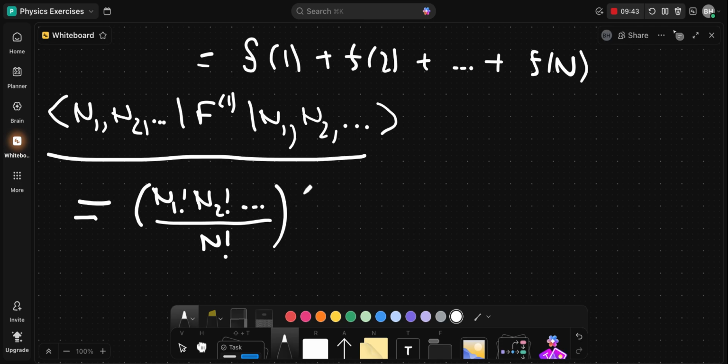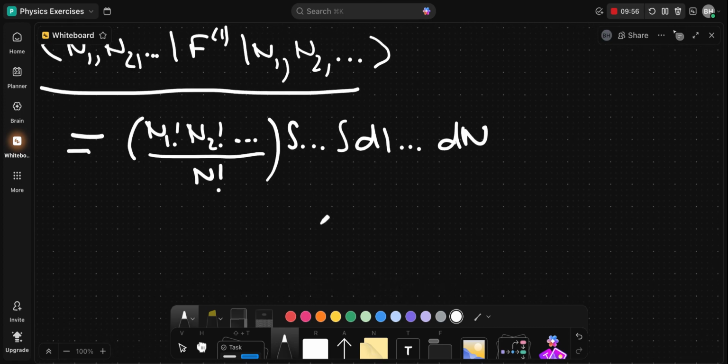Then we're going to have integrals d1 through dn, and all of this falls inside the integral that I'm about to write.